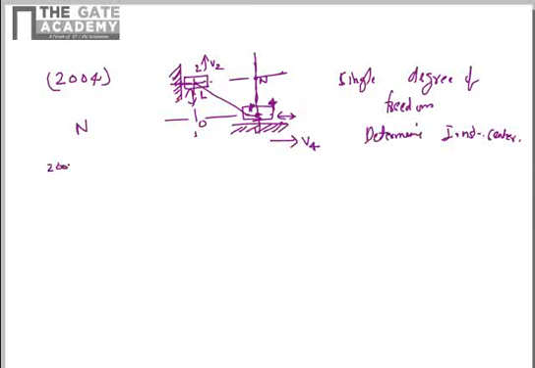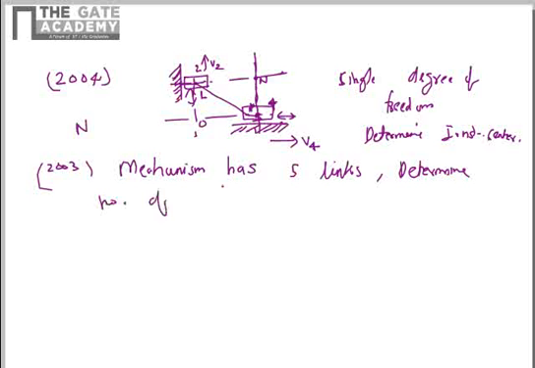Another question asked in GATE 2003 was that a mechanism has 5 links; determine the number of instantaneous centers.